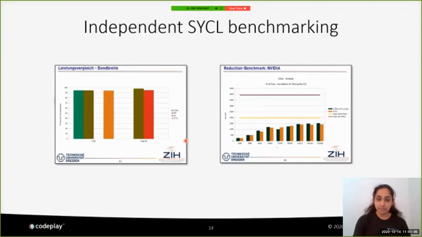This benchmarking was done on NVIDIA GPU K20, and the comparison is with the CUDA application. As you can see, the bandwidth is very similar to that of a native CUDA application, and so is the peak performance. It is within 5% or as good as a native CUDA application.